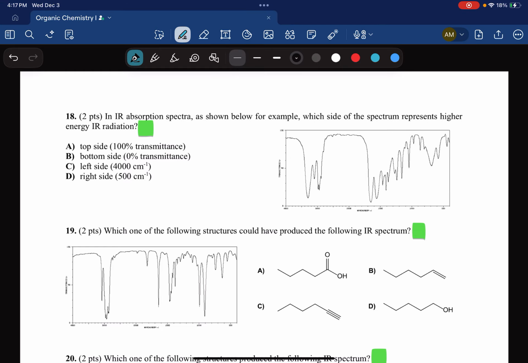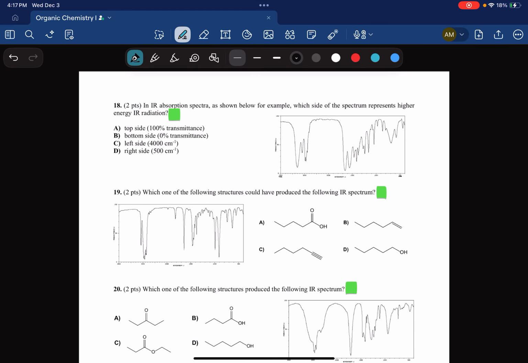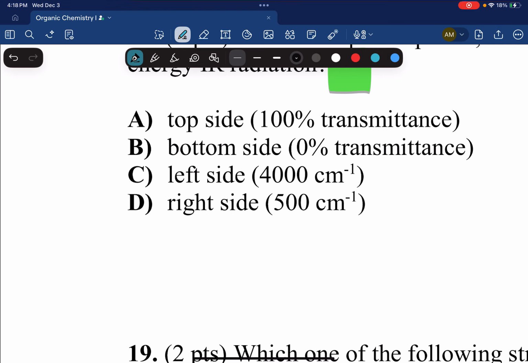Which side of the spectrum represents higher energy IR radiation? Okay. What are you guys feeling? Let's look at our numbers. 500 to 4,000. So, which one's higher? The left side, right?